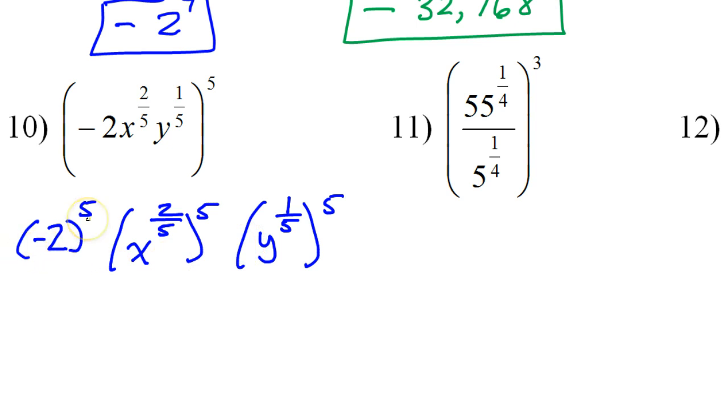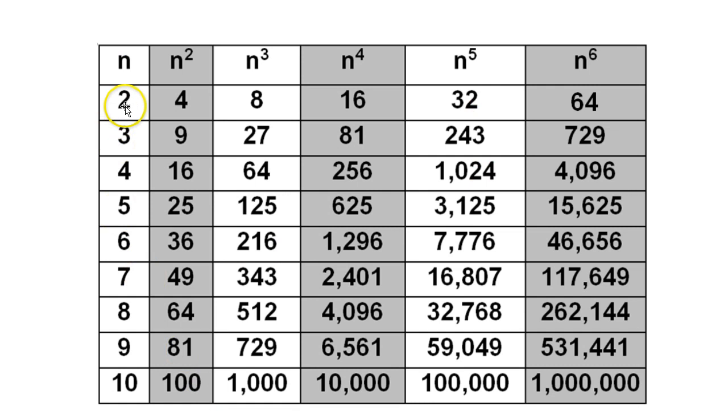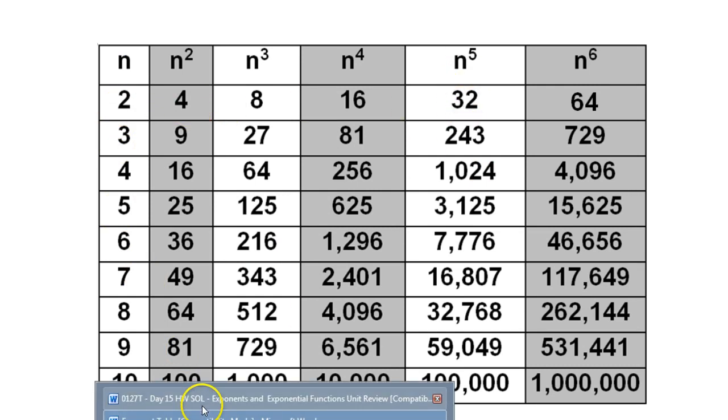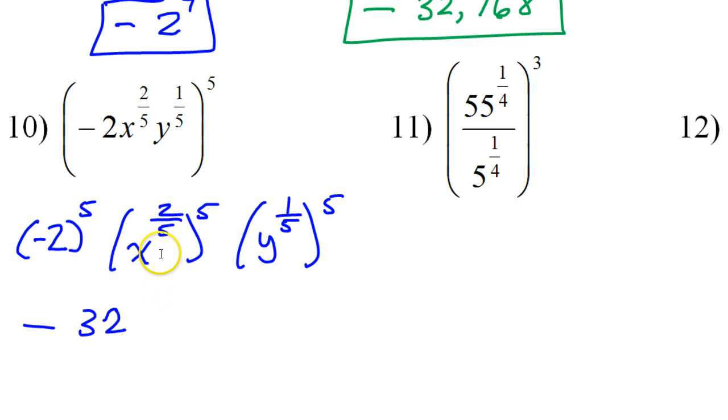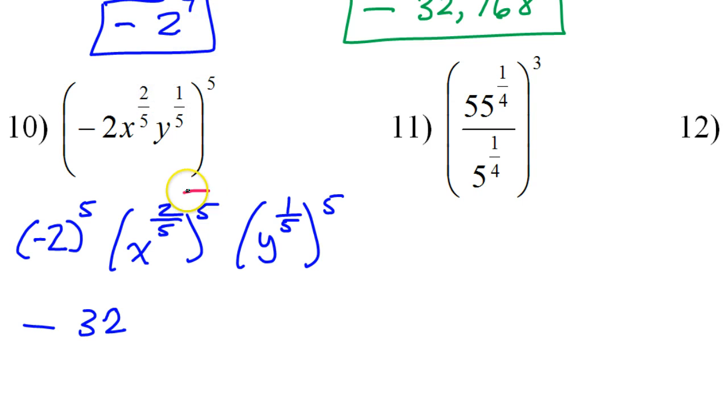Now, -2 to the 5th power, an odd power, the negative just sticks around. So it's going to be negative something. 2 to the 5th power, I believe, is 32. Okay, take a quick peek. 2 to the 5th power, yes, is 32. Okay, now, when you raise a power to a power, you multiply, right?